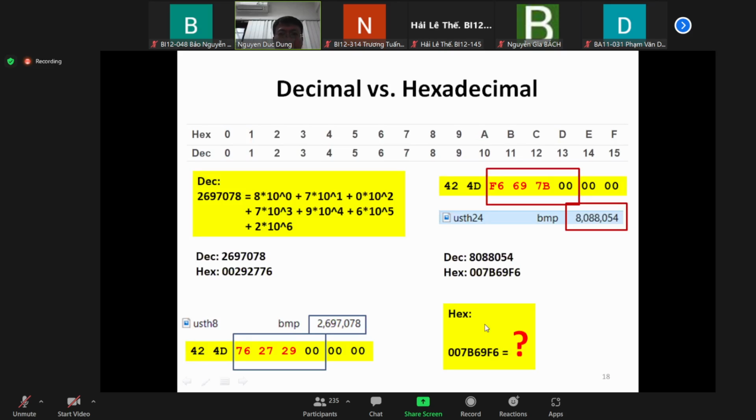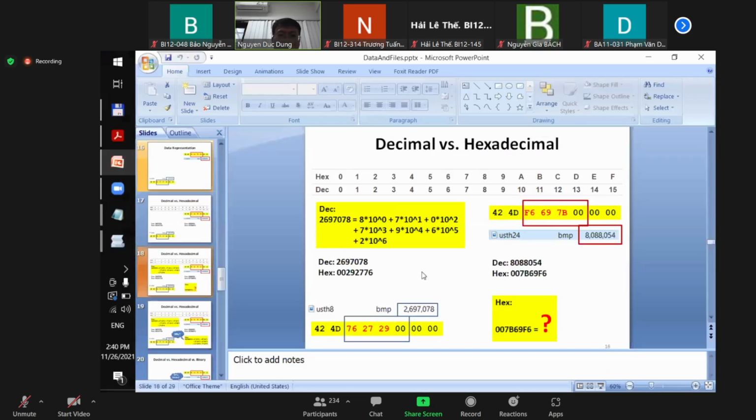Who finished the verification that those two numbers are the same? Okay, so we do it together.